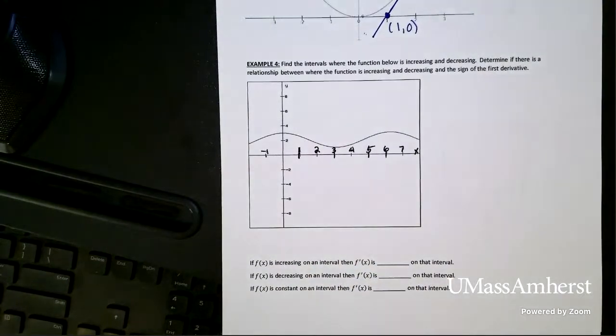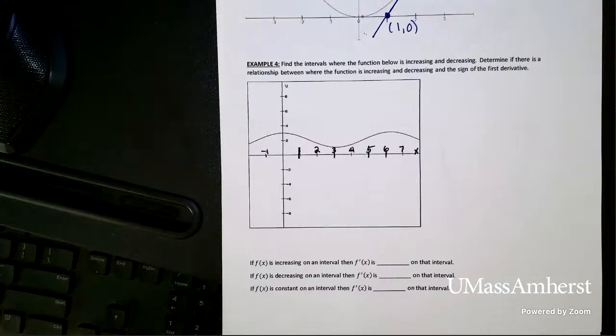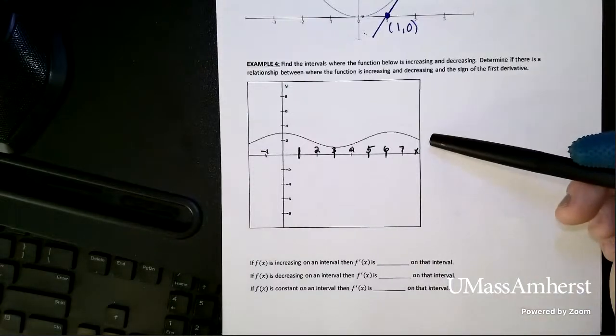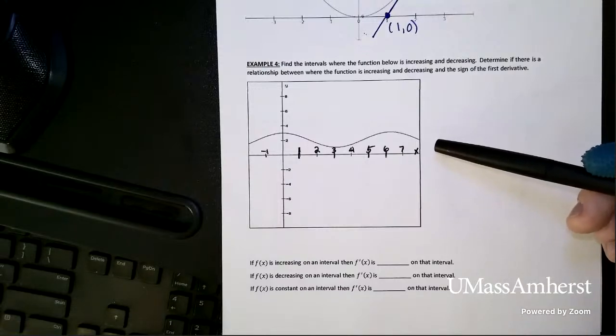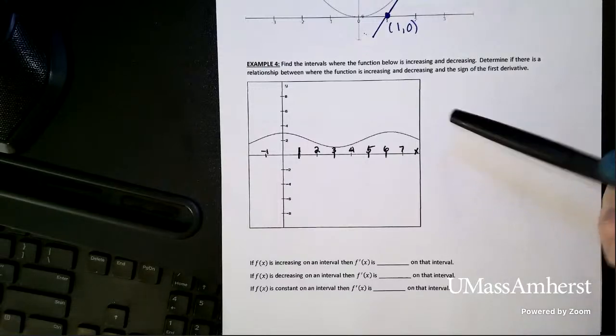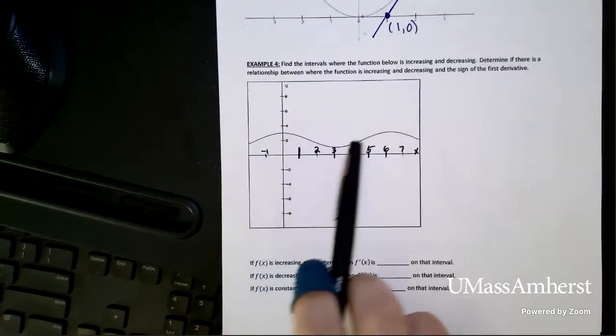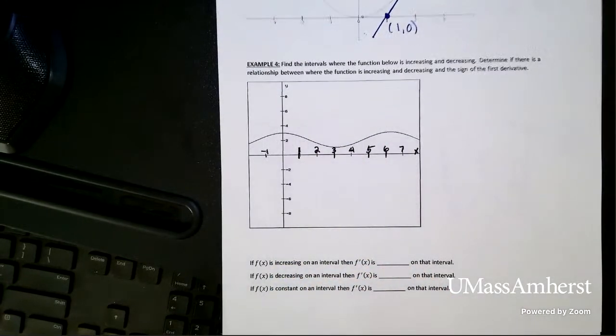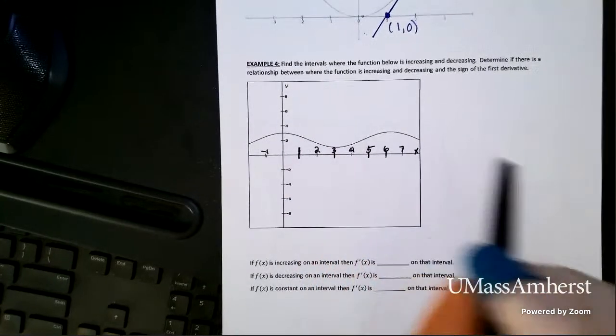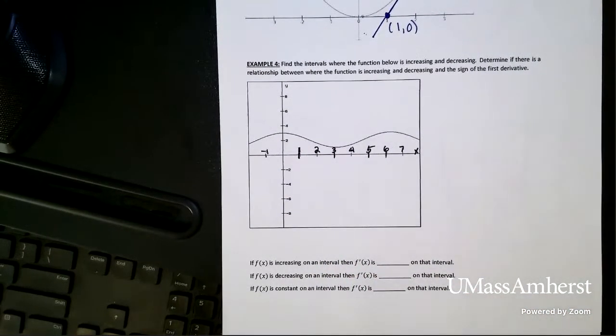And I want you to see if there's a relationship between the slope of the tangent line, so positive, negative, 0, and where this function is increasing and decreasing. Take 2 minutes, draw in a whole bunch of different tangent lines or visualize them, and see if they're positive, negative, or 0. Mark positive, negative, 0 on a whole bunch of them.